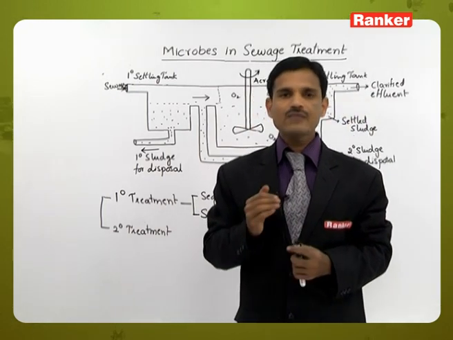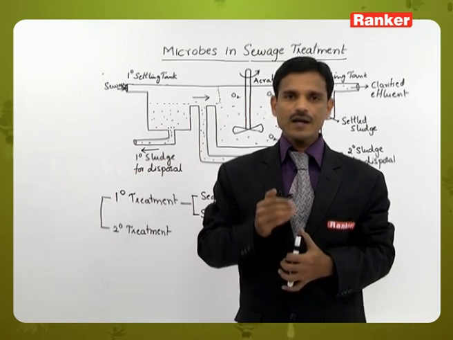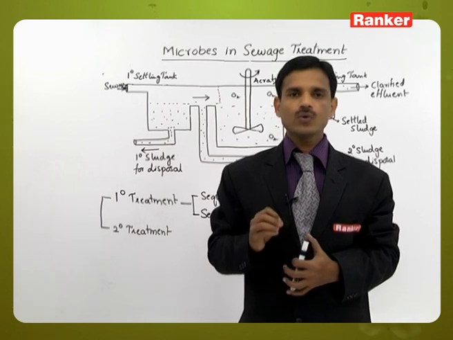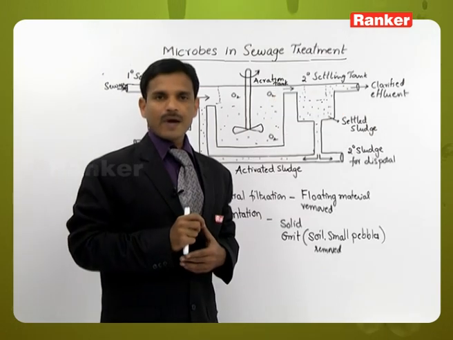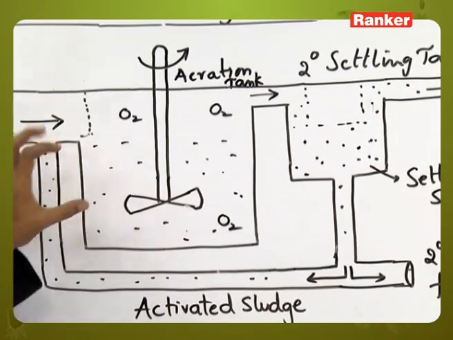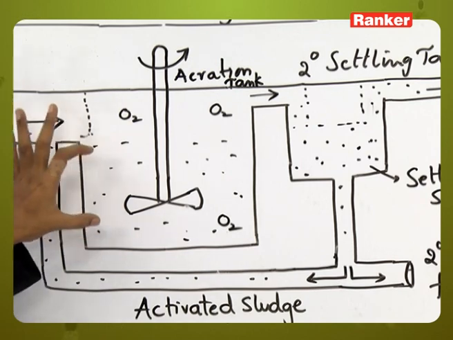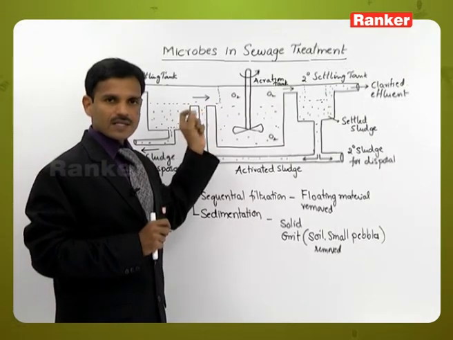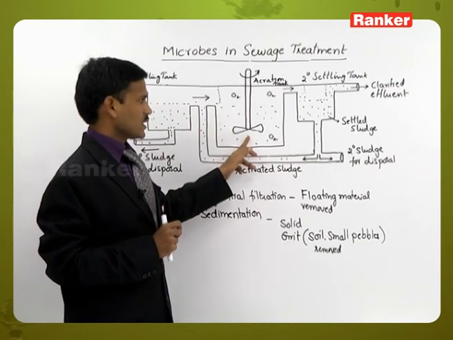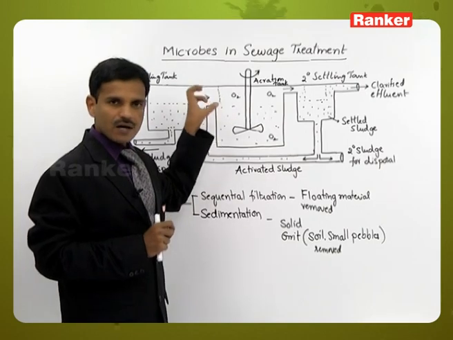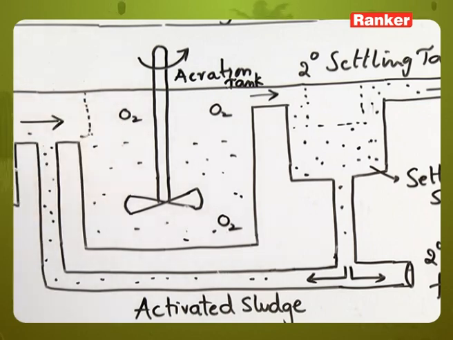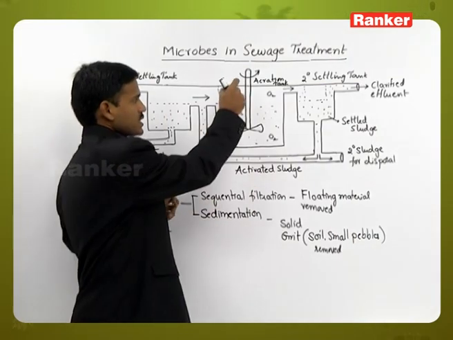In the presence of oxygen, the organic material is oxidized by microbes. Heterotrophic bacteria are present generally in the sewage, in the primary effluent. So sufficient oxygen is supplied to the bacteria in the aeration tank, and oxygen is pumped continuously.